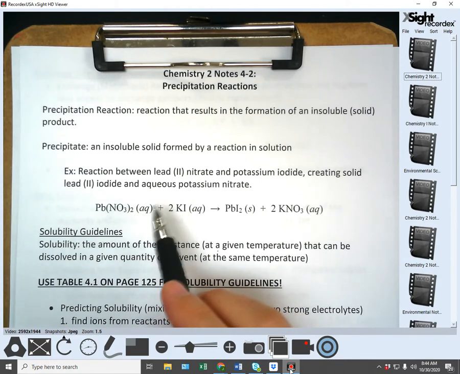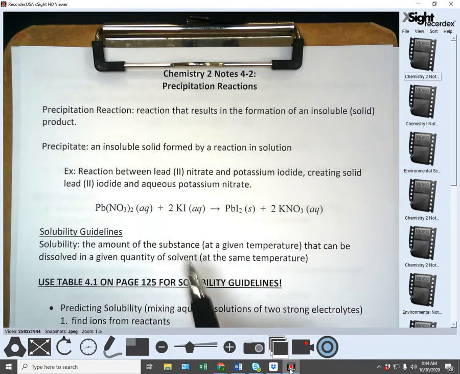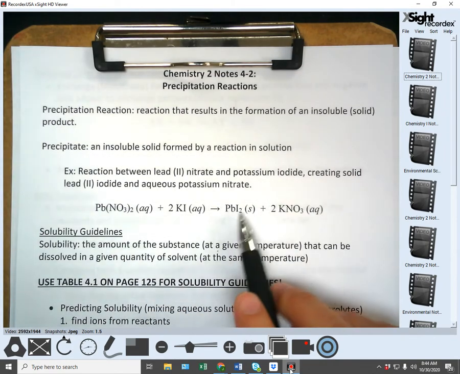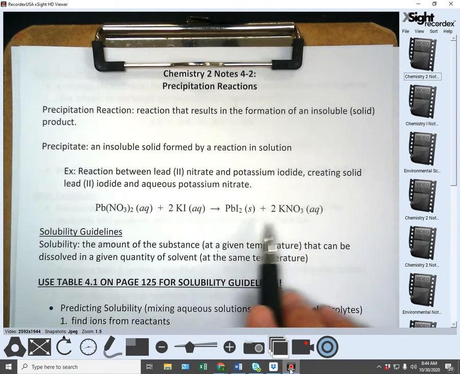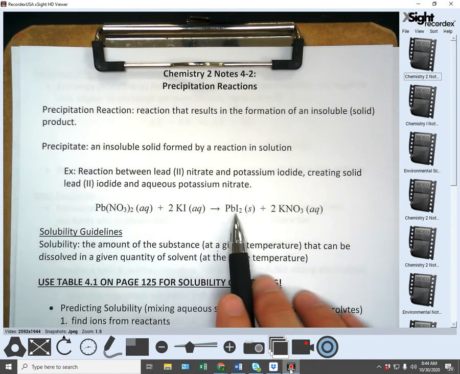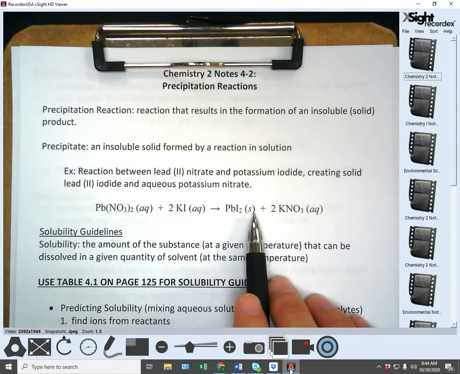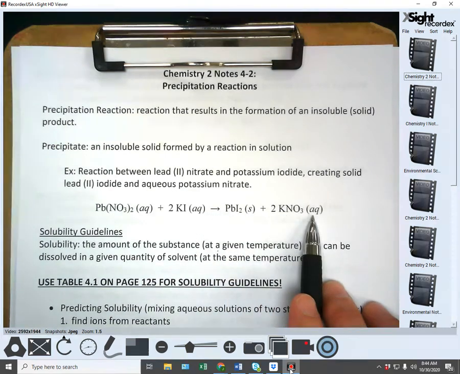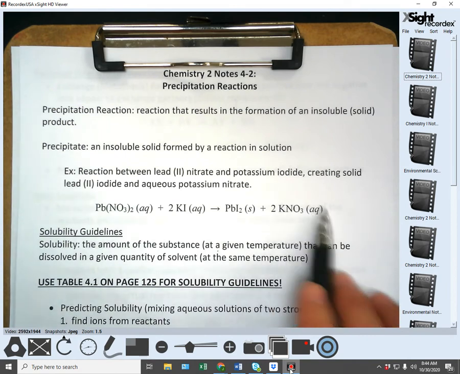It's still the substance in the water, just in a different mode. On the product side of this reaction, you get the PbI2, the solid, which is the precipitate, and then a remaining solution.